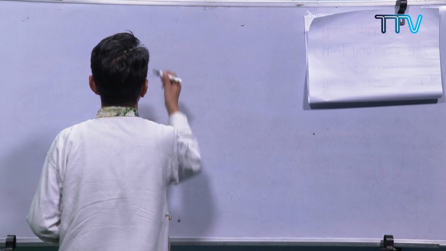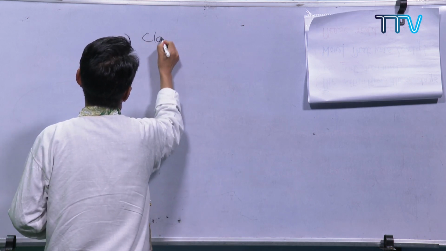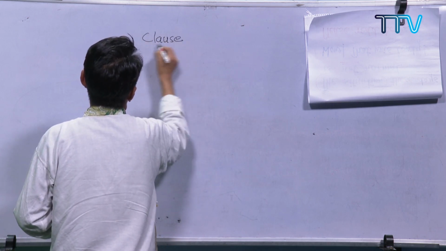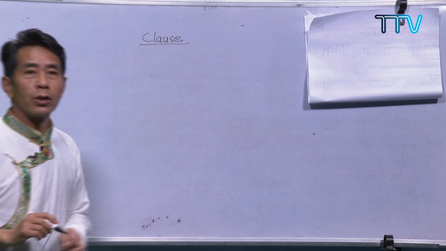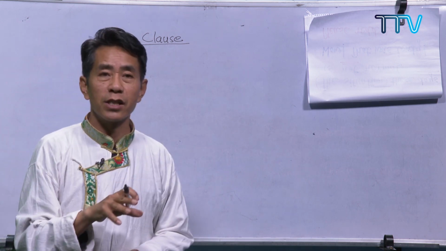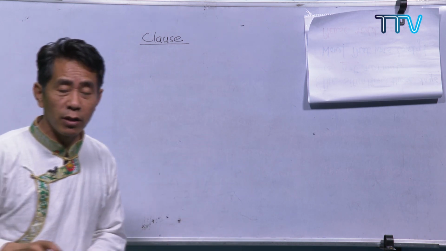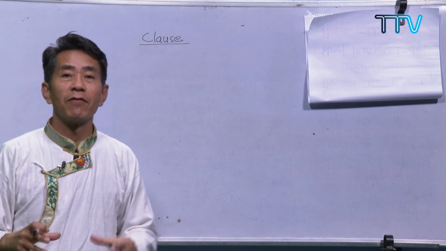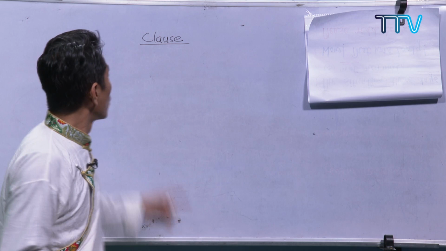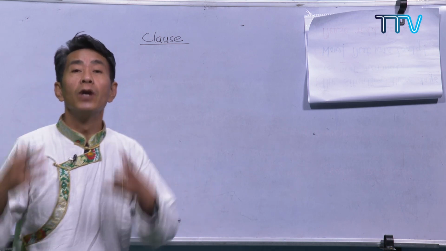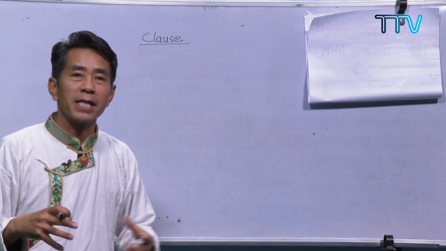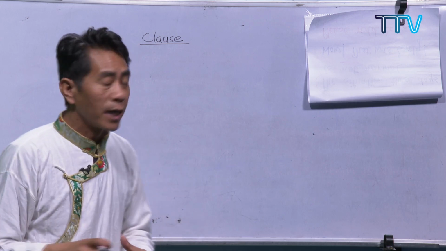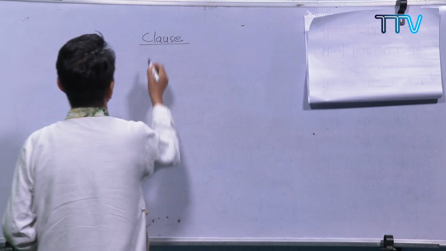Unlike a phrase, which Gela had already mentioned, a group of words which does not have a subject and a verb, a clause is again a group of words which has a subject and a verb.